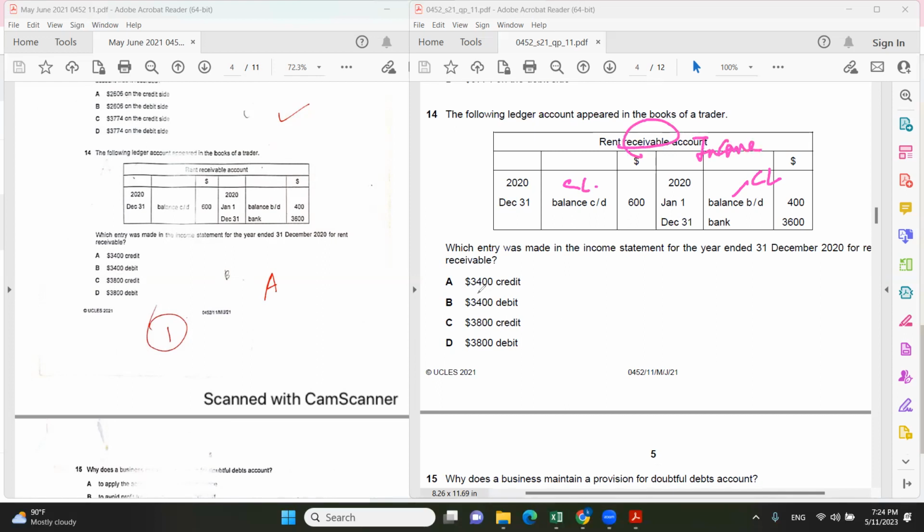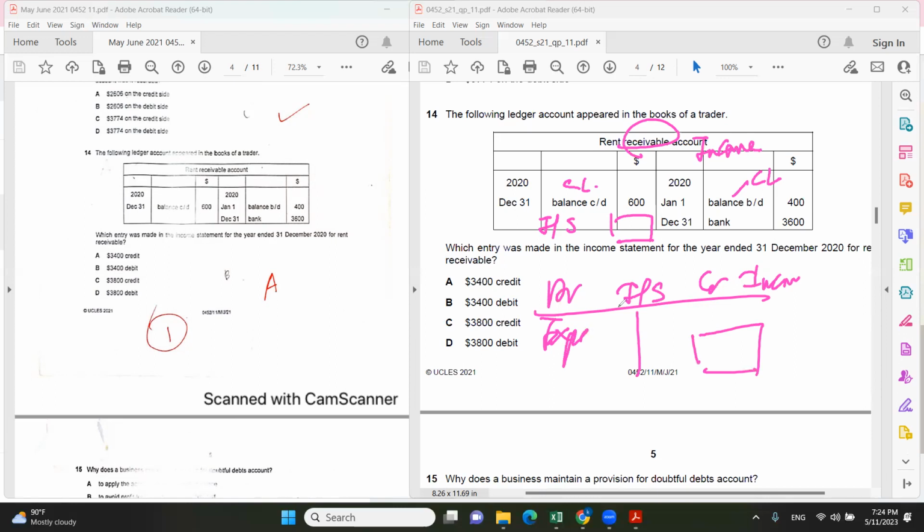Okay. Now which entry was made in the income statement for the year ended? We already have this one, but there's one item missing, which is the income statement here. In your income statement account, it will be on the credit side because credit is an income. Debit is an expense. This is an income account. So how much is the income?